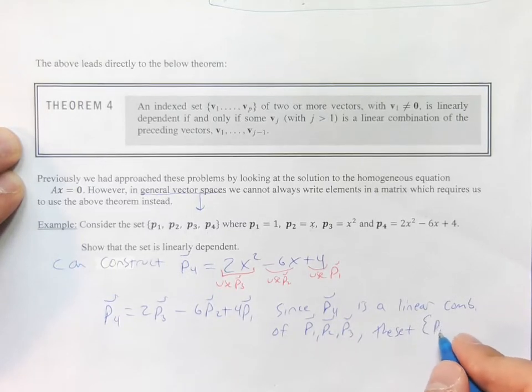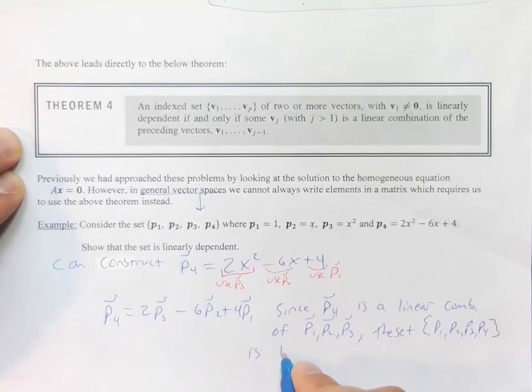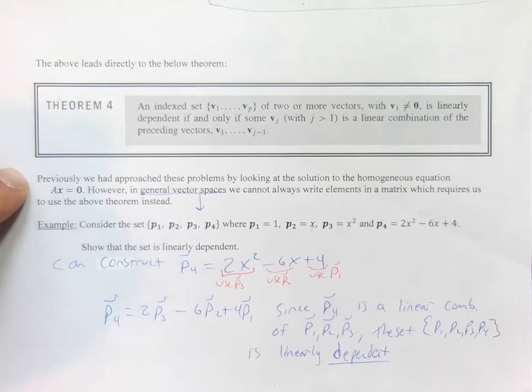So the set p1, p2, p3, p4 is linearly dependent, because p4 is a linear combination of the other ones, p1, p2, and p3.